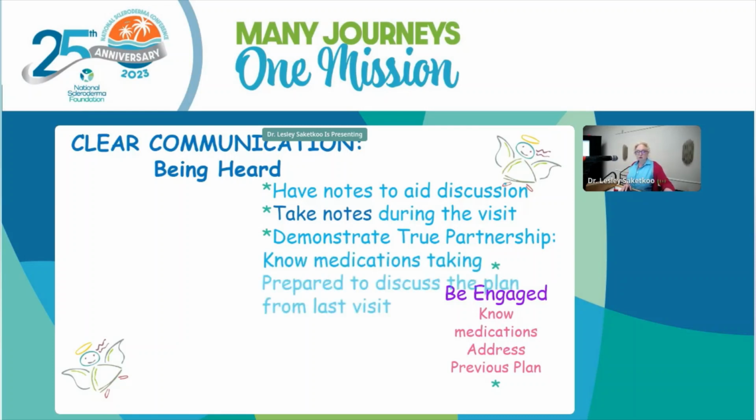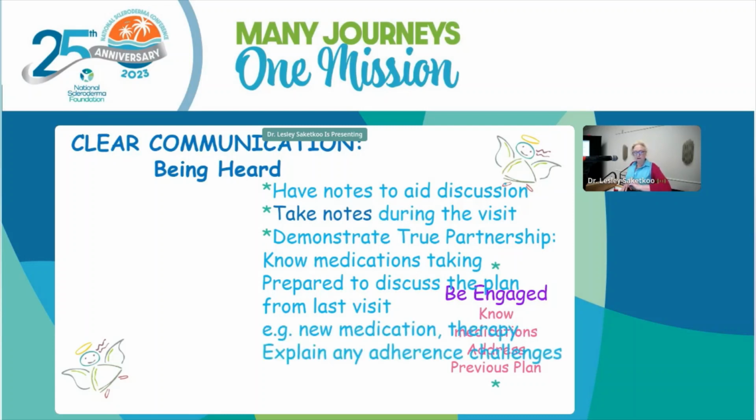Know what medications one is taking and prepare to discuss the plan from the last visit, right? So, for example, maybe gabapentin was started. You may not have picked it up from the pharmacy, or you started it but you didn't like the way it felt.